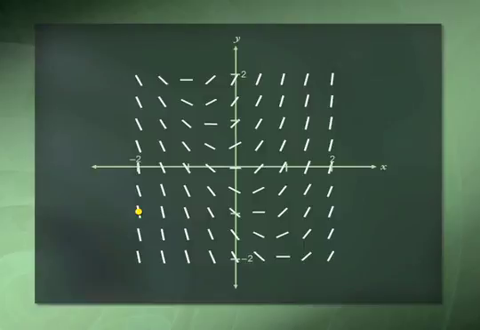So at minus 2, minus 1, it's over there in the third quadrant. And notice the little line segment is going downwards pretty steeply because the slope is minus 5. It's got a fairly steep negative slope. So at least that point was correctly plotted.